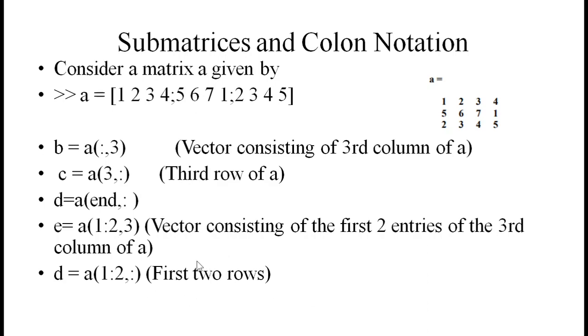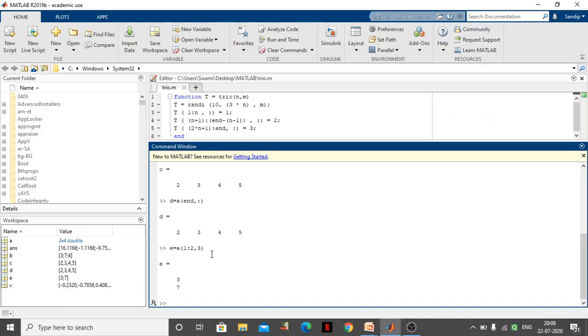Now we can also have D equals the first two rows only, that means these two rows. So D is the matrix for these two rows. What will happen? We'll see. D equals A of 1 colon 2 comma colon, right?